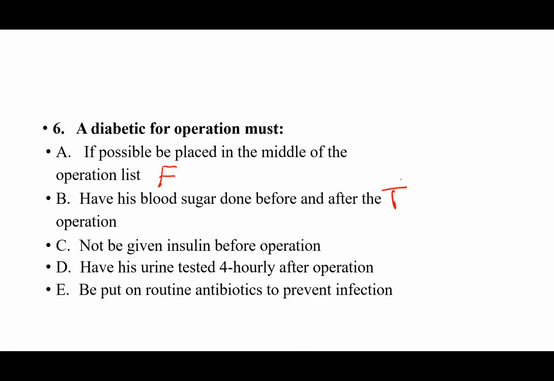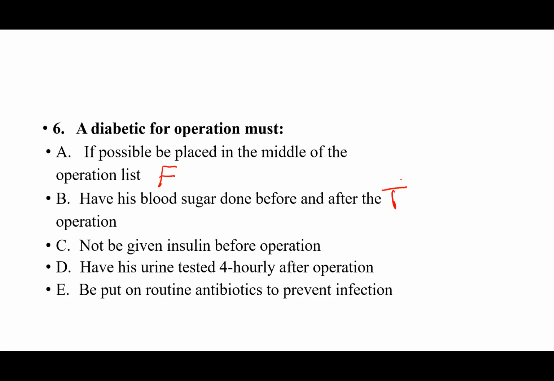C: must not be given insulin before surgery. It's false. Diabetic patients are mostly stabilized on doses of soluble insulin before surgery in order to have a normal glucose level. So C is false. Do you all agree with her?